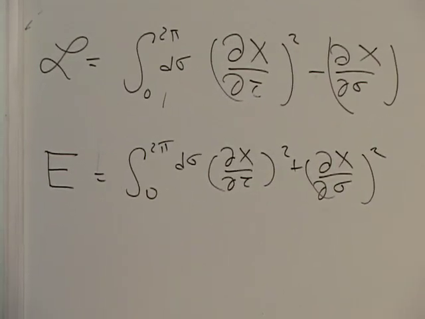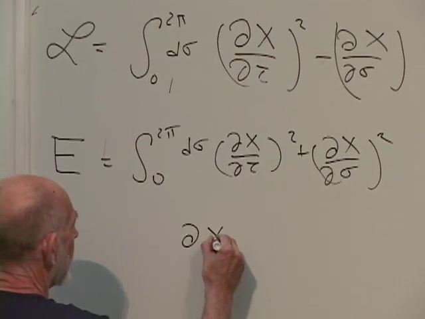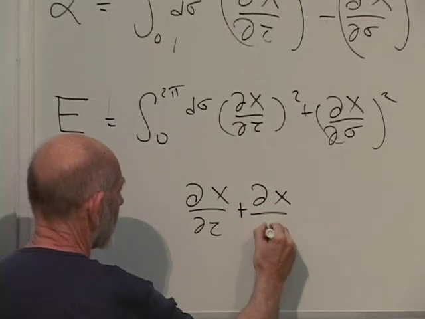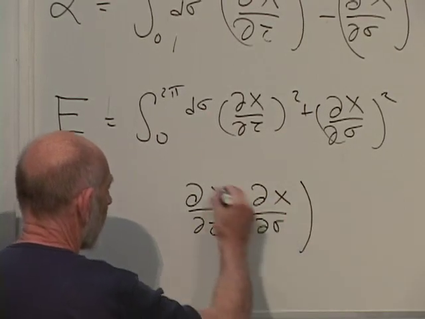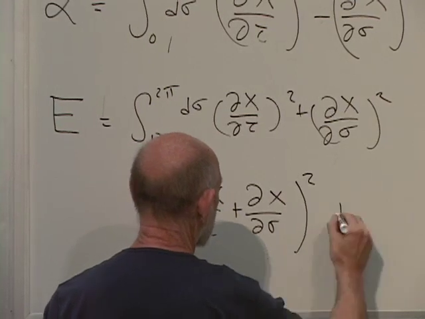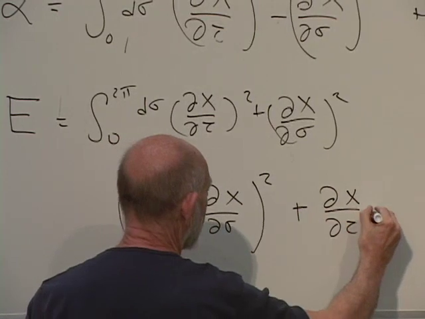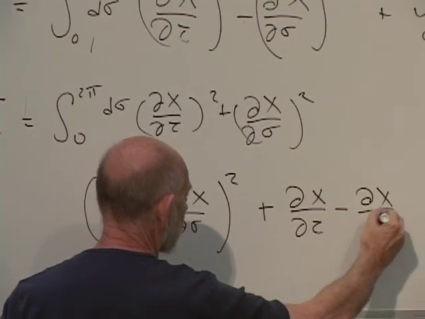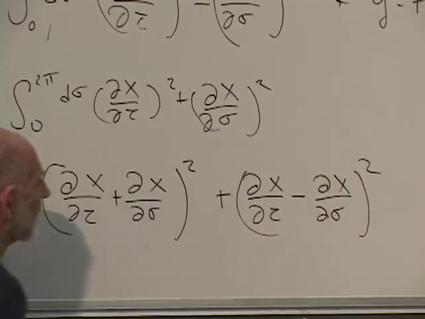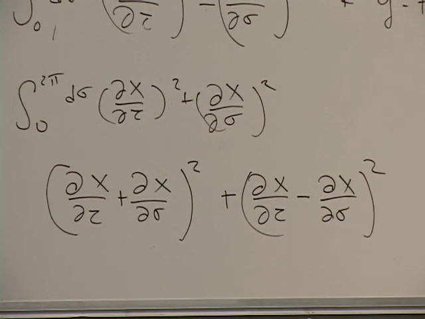I'm going to write this in a funny way. I'm going to write this as dx by d tau plus dx by d sigma, squared, plus dx by d tau minus dx by d sigma, squared. I think I'm off by a factor of 2.